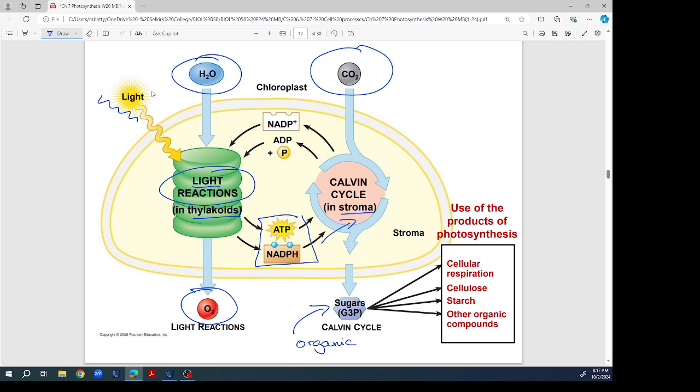So most plants that we encounter are C3 plants, and they make this simple sugar that then can be used in cellular respiration in the plants, because plants can photosynthesize and also undergo cellular respiration. They have mitochondria as well as chloroplasts.